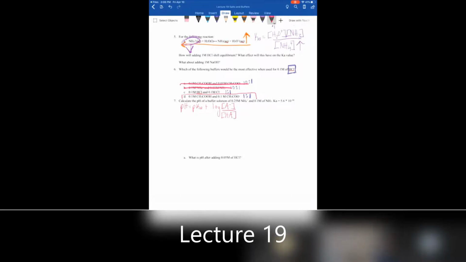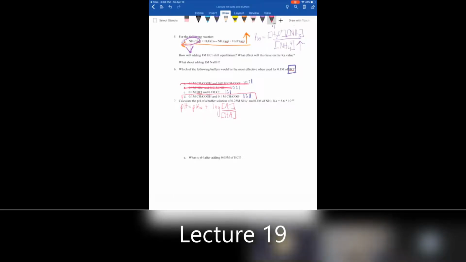So which one is A minus? NH3. How do you know that? Because it lost the hydrogen. Yeah. A lot of people see A and think acid. No, that's not right. It's your base.